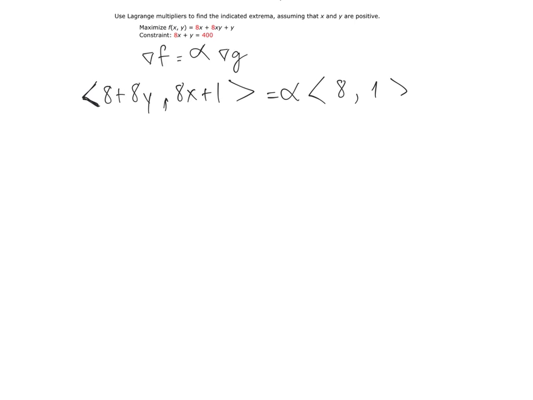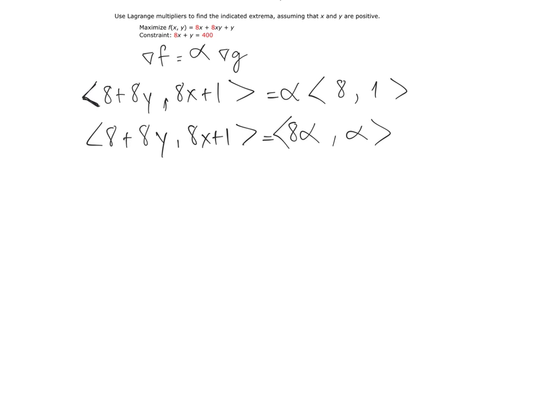All right, now you can multiply in the alpha for the constraint function's partial derivatives. So you would get 8 alpha and 1 alpha.